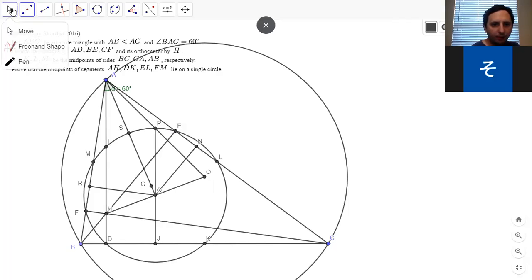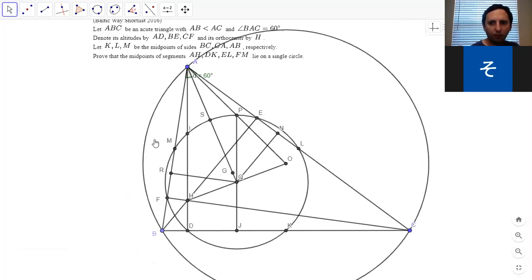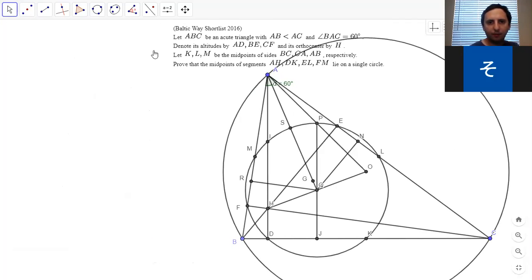Is it obvious that P lies on the 9-point circle? So let me write out some stuff here.